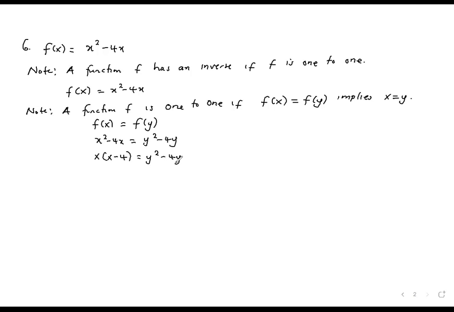If the other part there was 0, x could be 0, or x could be 4. So this means that f is not a 1-to-1 function. Hence, f has no inverse.